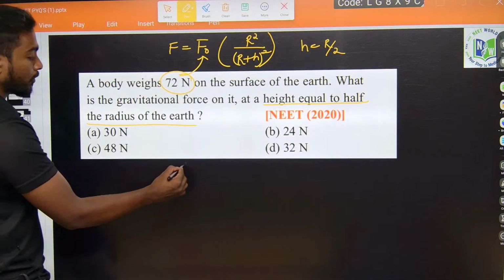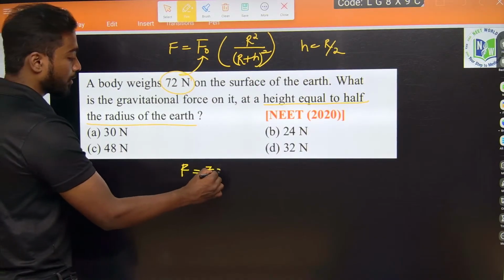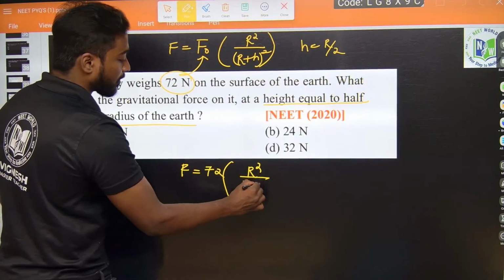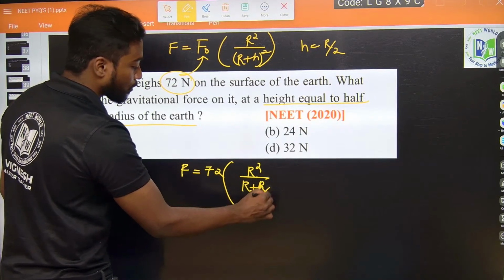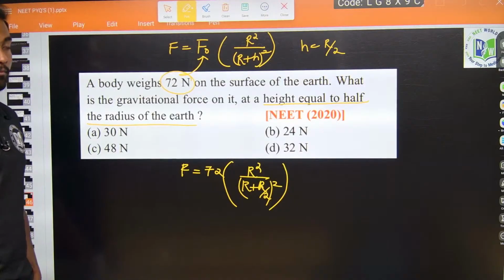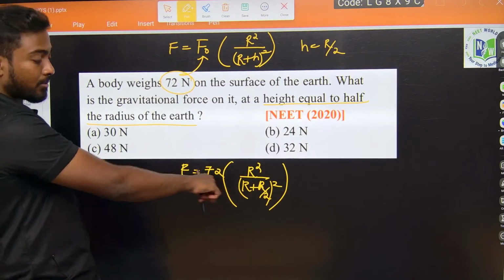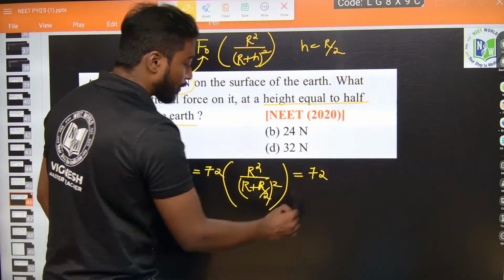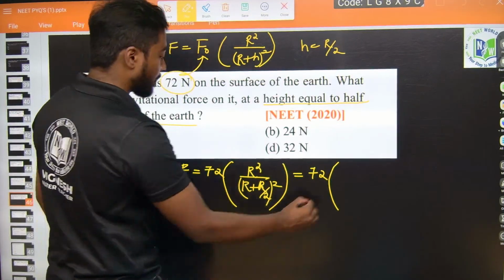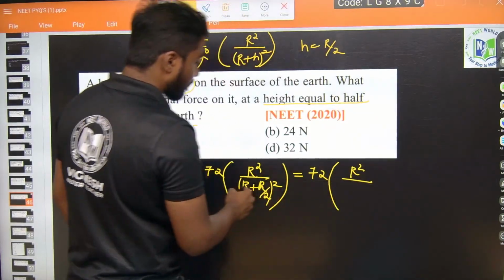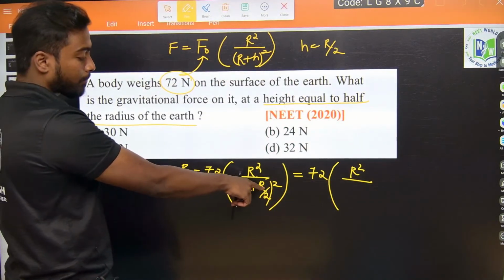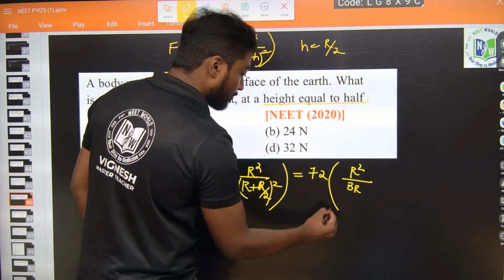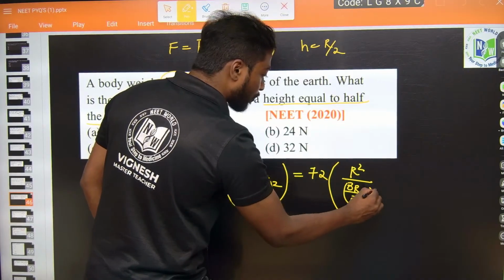So what will be the force now? F is equals to 72 into R square by R plus R by 2 the whole square. I will keep 72 as it is for now. R square divided by 2R plus R by 2, which is nothing but 3R by 2 the whole square.